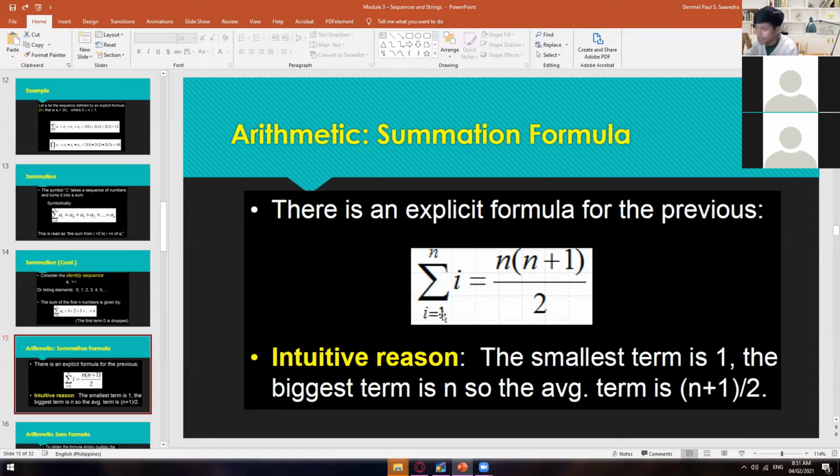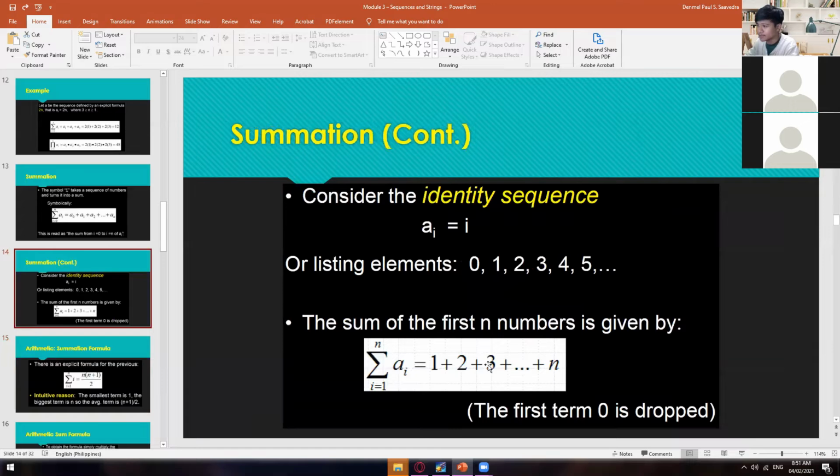But if your i is equal to 2 or 4 or 5 or 20 up to, let's say, 100, then this formula is not applicable anymore. It is only applicable if your i is starting from 1.